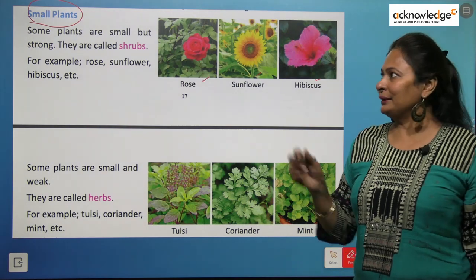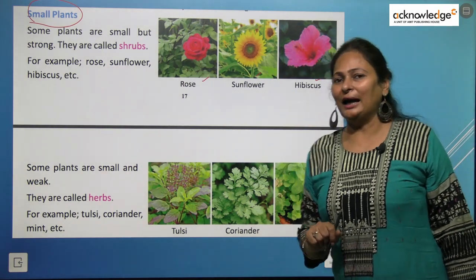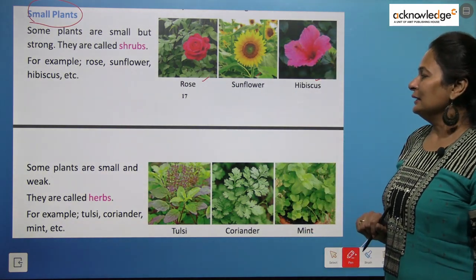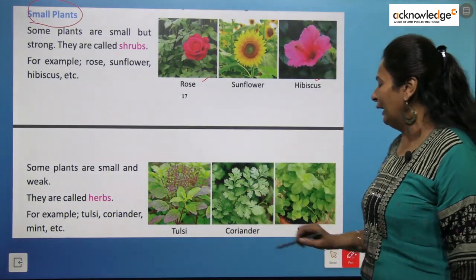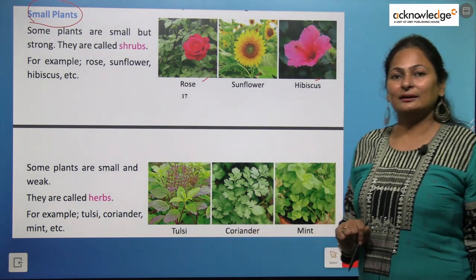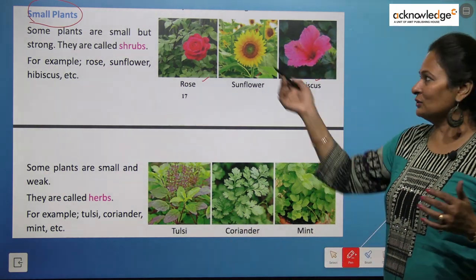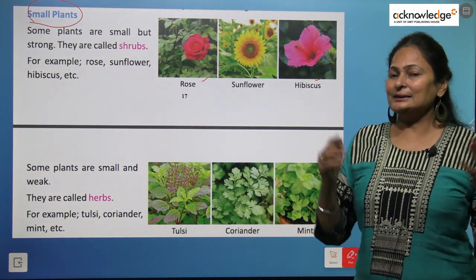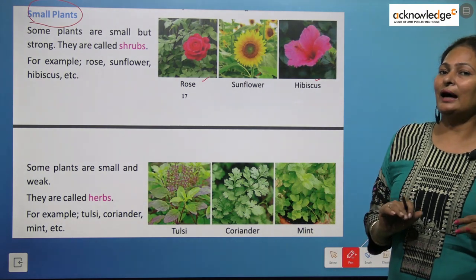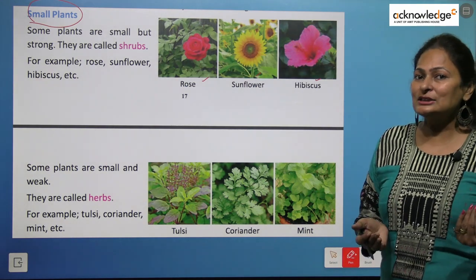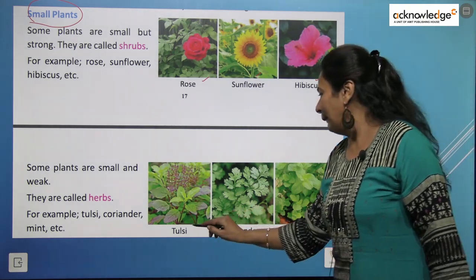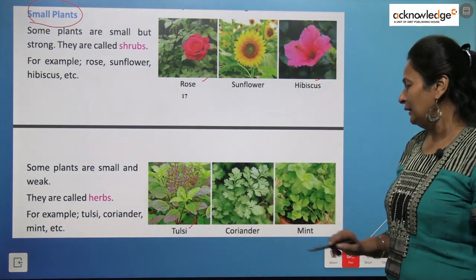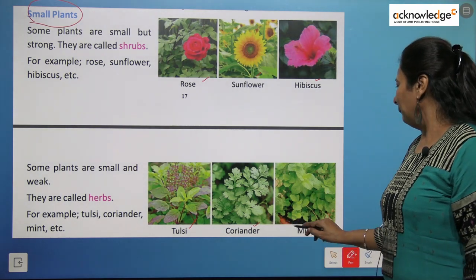We have kept them in this small plants category. Some plants are small but weak, right? They are not as strong as small plants. They are small but they are weak. They cannot stand on their own, right? Examples are tulsi, coriander, and mint.